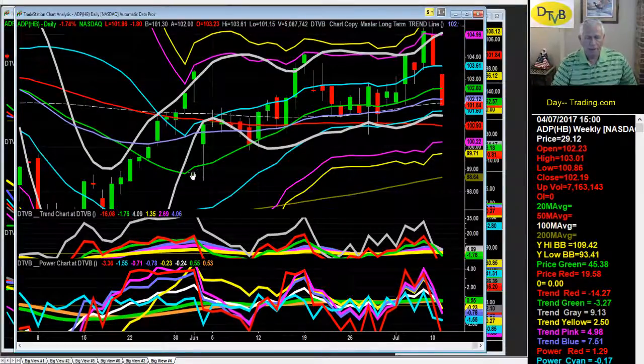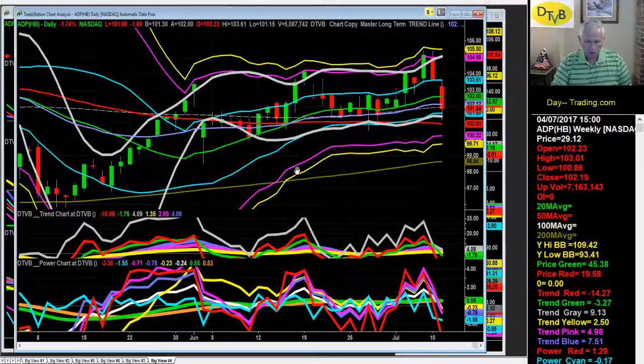Now on the platform, that is a dotted or dashed line. And so too is the red line, which is the 50 moving average as it's coming through here. The white line is the long white dash line, and that's the 100 moving average. And this tan line down below is the 200 moving average as it crosses down under all the candles.